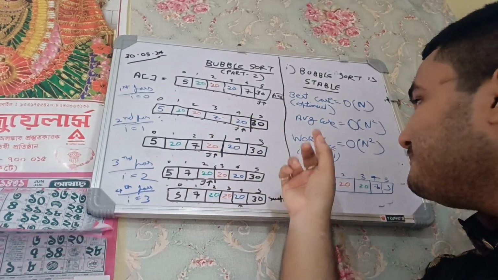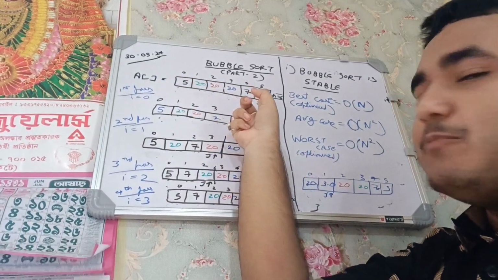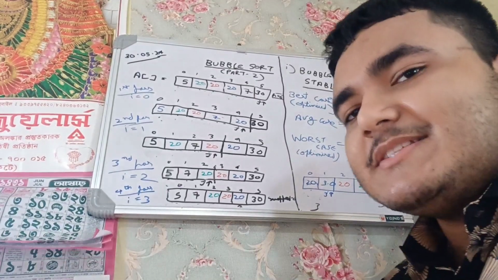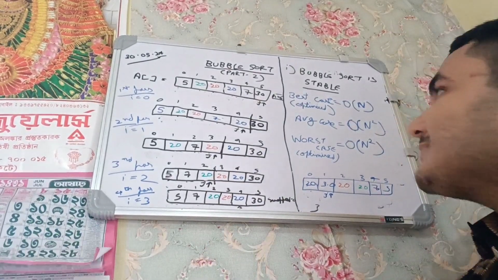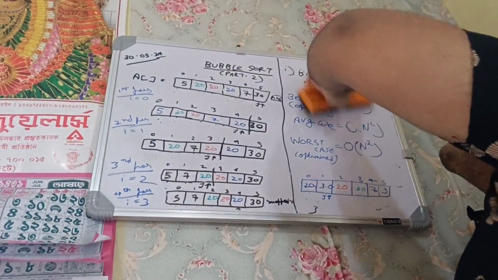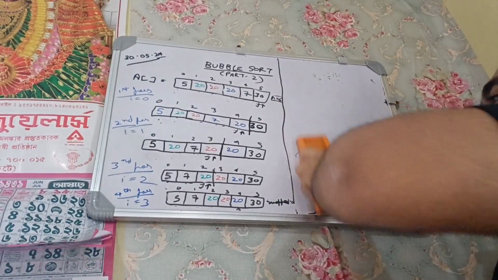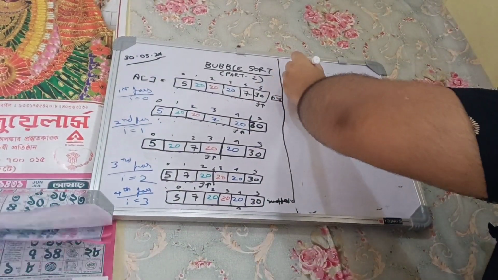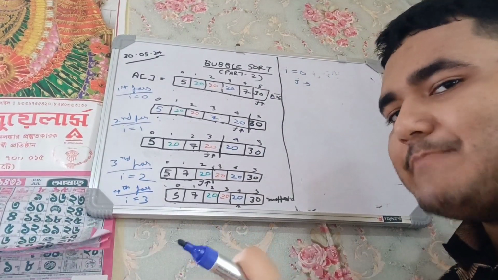So if you see here, during the first pass j is moving up to the index 5, right? So at i equal to 0, j needs to move from 0 to n minus i minus 1.